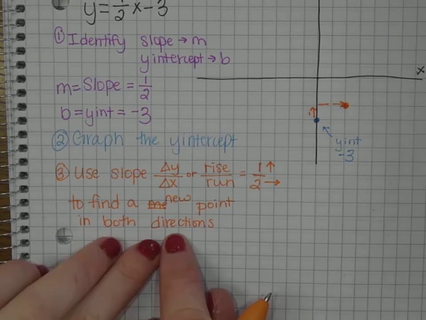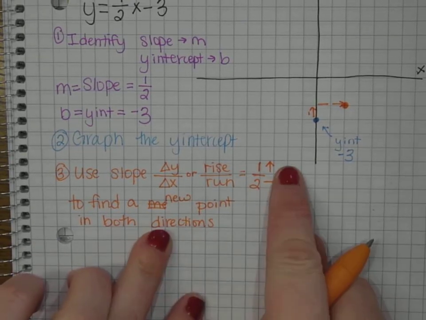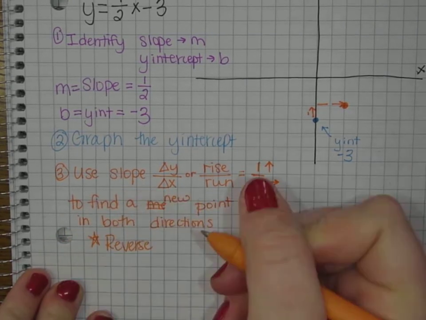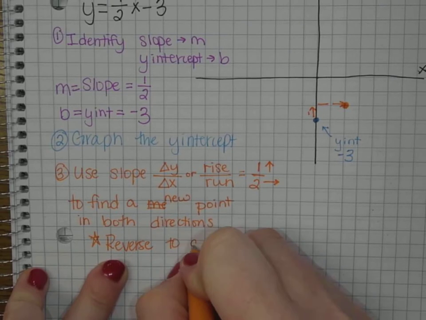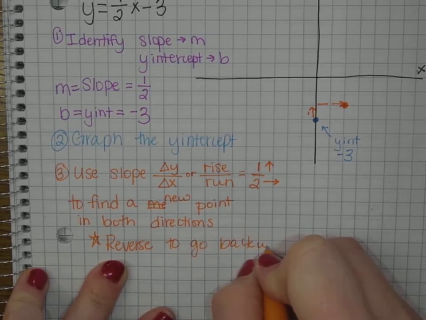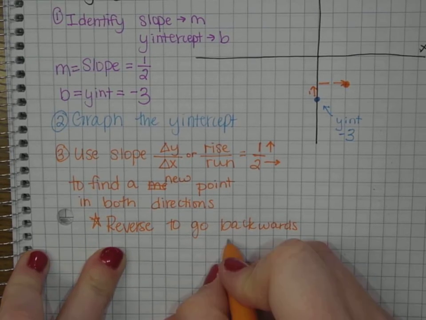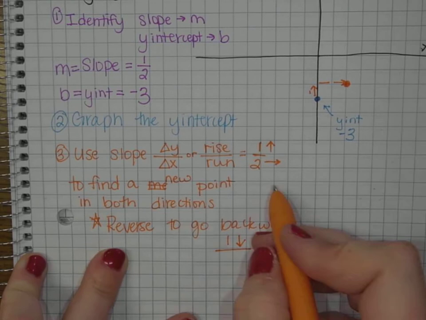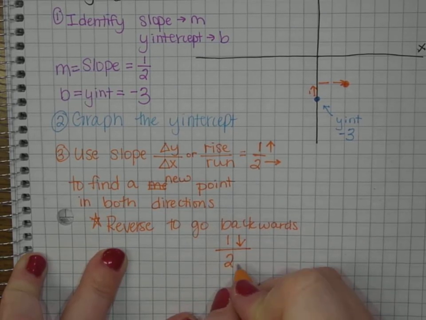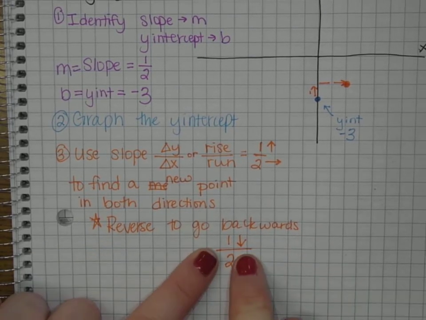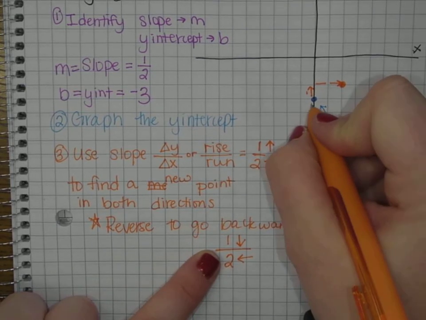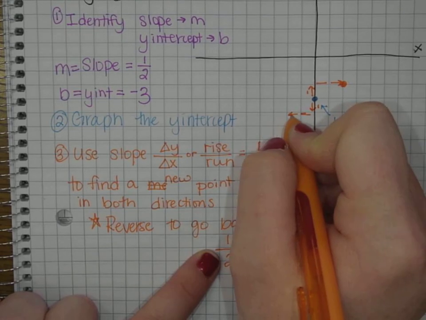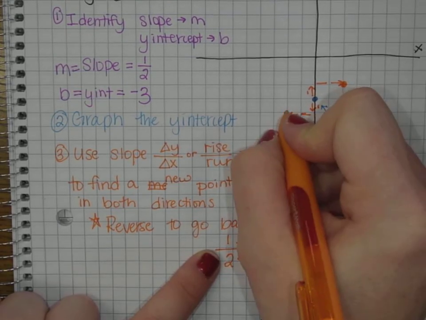And notice it says in both directions. So you have to reverse to go backwards. Instead of being 1 up, it's going to be 1 down, and instead of being 2 right, it's going to be 2 left. So you have to reverse both directions. Let me show you why. I'm going to go 1 down and 2 back, and that would be my new point.